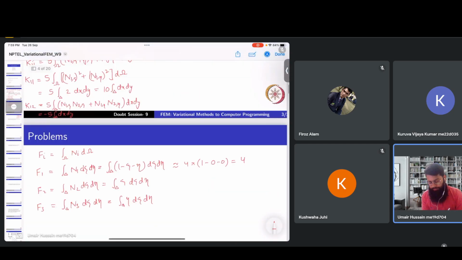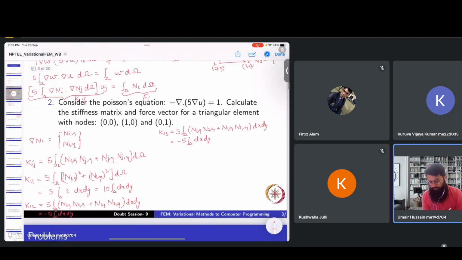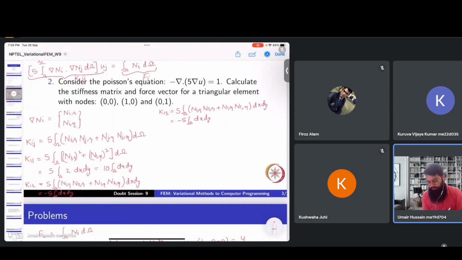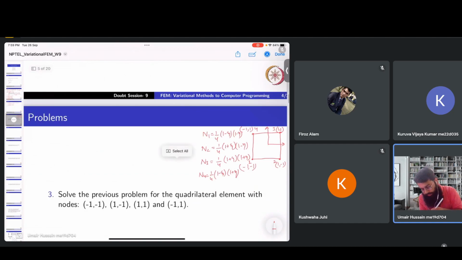We had derived the weak form, the equation for the stiffness matrix and force vector before, so we can use them directly.